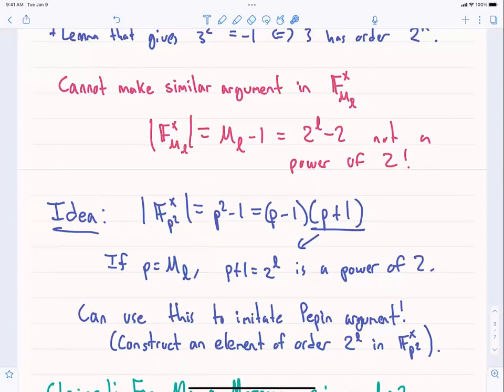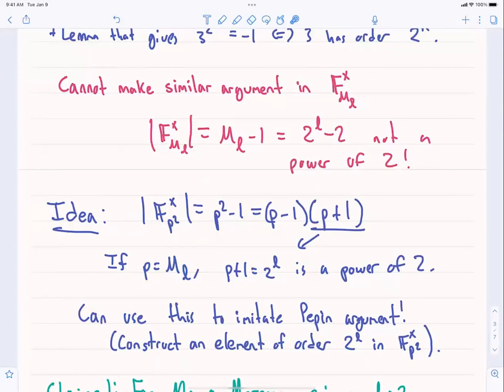And the reason this is useful is because if I look at F_p squared cross, well, this is everything except 0. So this has p squared minus 1 elements. Here p is a prime and F_p squared is a field with p squared elements. So there are p squared minus 1 units.